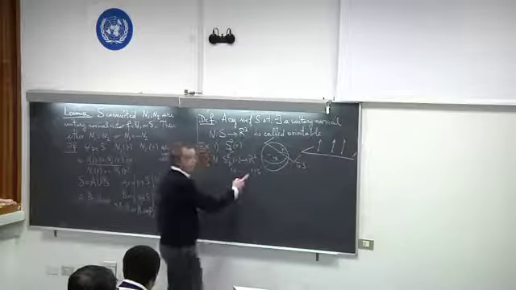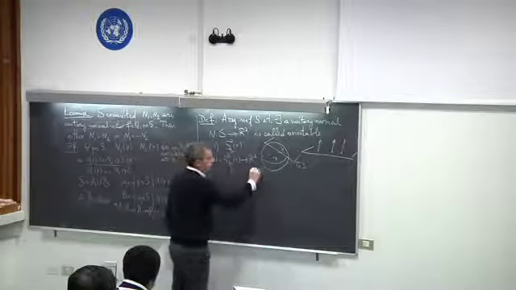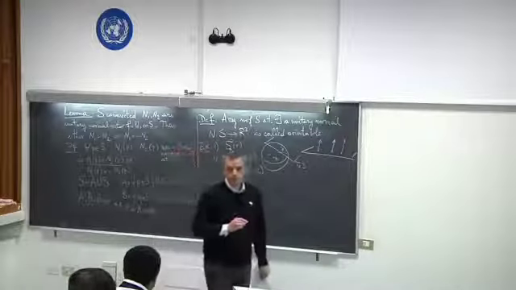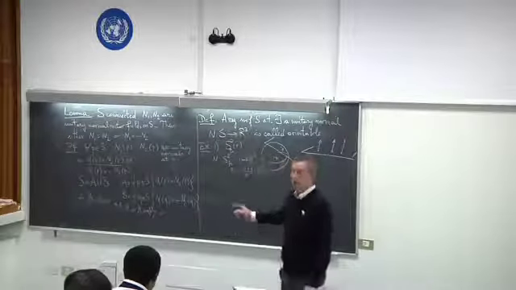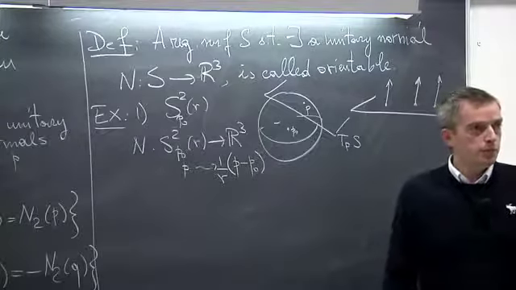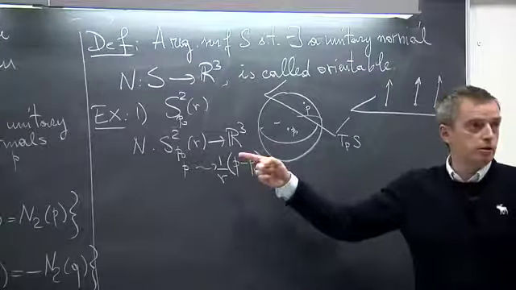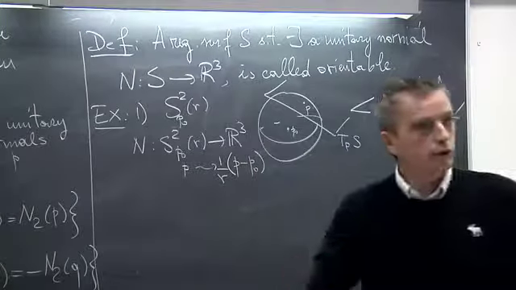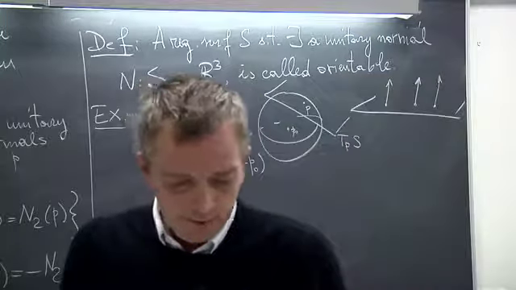So if I want to take a unitary normal, I need to take this vector divided by R. Now this will be of length 1 and orthogonal to the tangent space. Of course, I could have taken minus this; it would also have been a good choice.